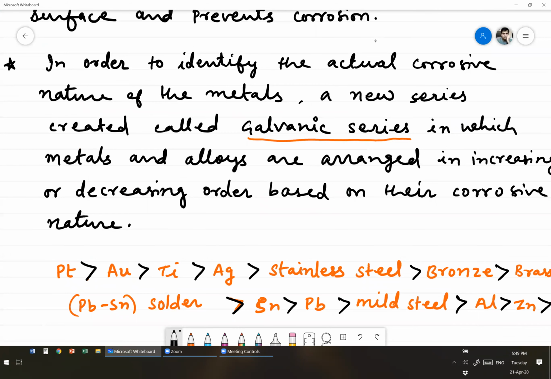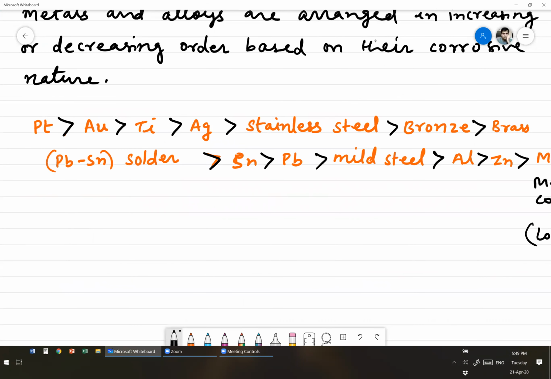Because of this, aluminum acts as cathode when it is coupled with zinc metal. Due to the formation of the non-porous and protective metal oxide film, the standard reduction potential of aluminum increases and becomes more than that of zinc. So zinc acts as anode and aluminum acts as cathode.